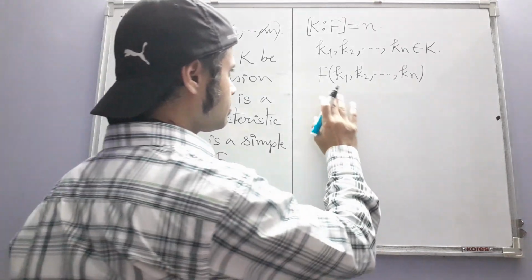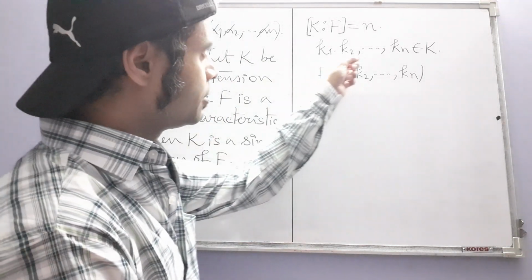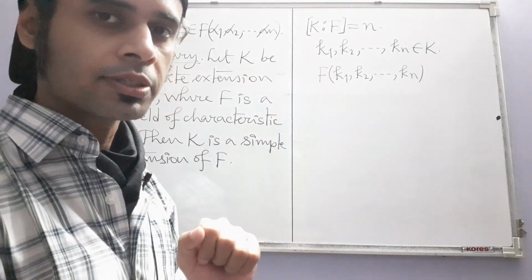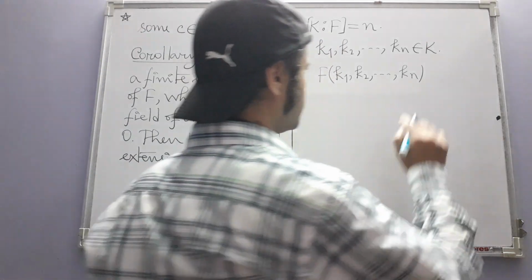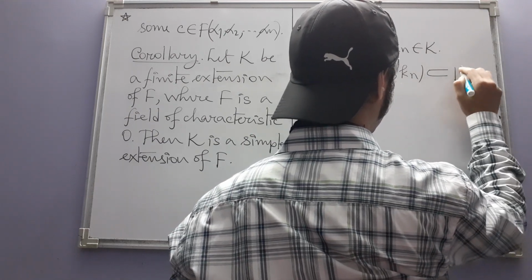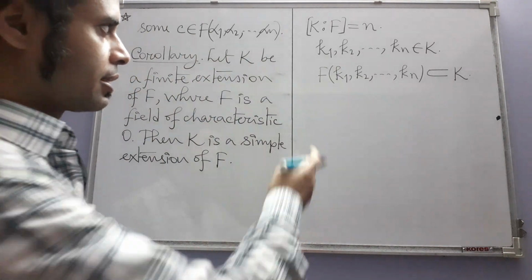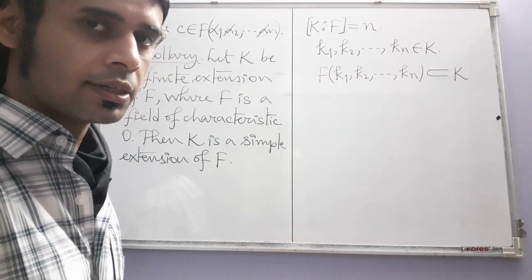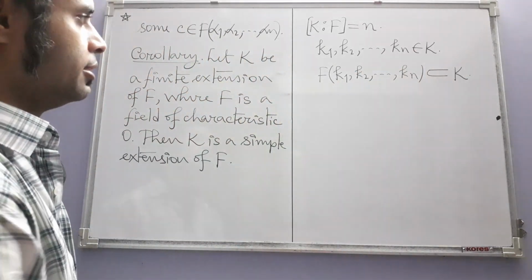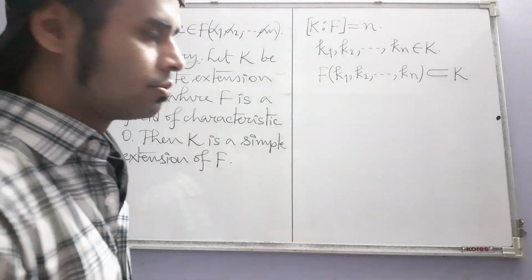Okay, you see one thing immediately, because these things are all in K and F of course is also a subfield of K. So by definition this is contained in K. By definition means by the fact that this is a field, by closure property of addition and multiplication, this is contained in K. But the reverse inclusion is also true. Why?